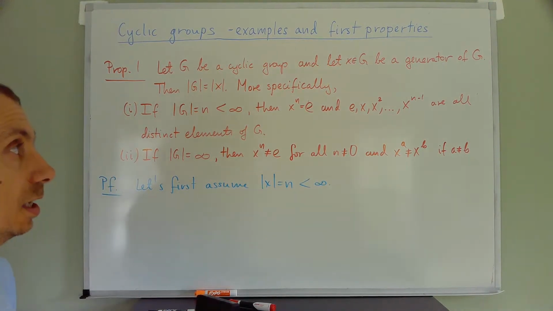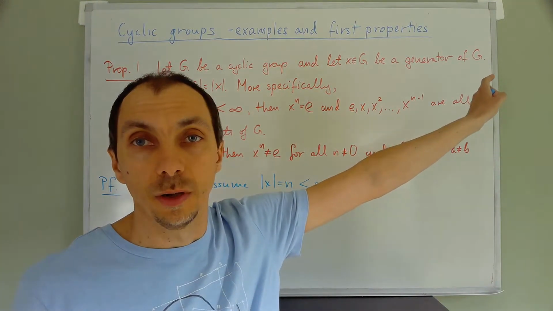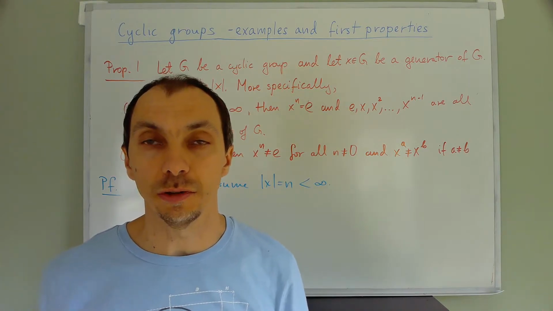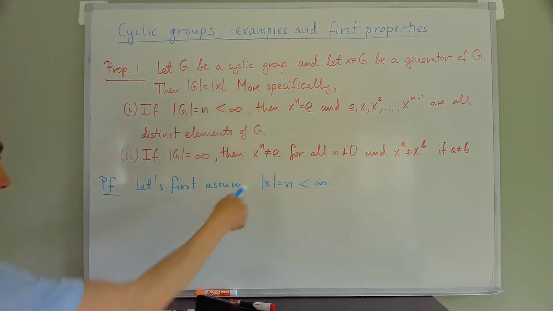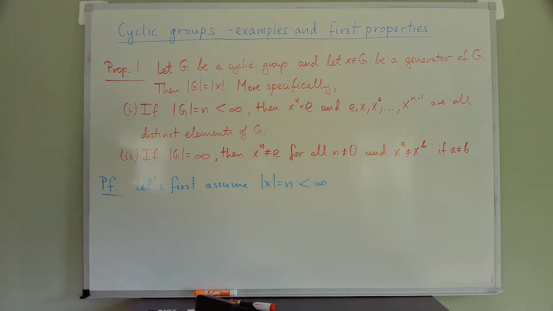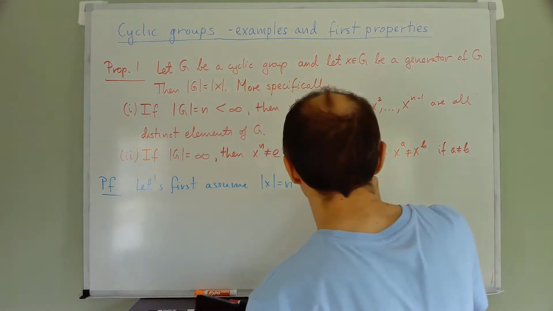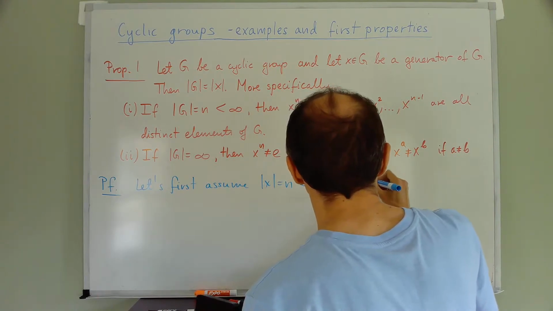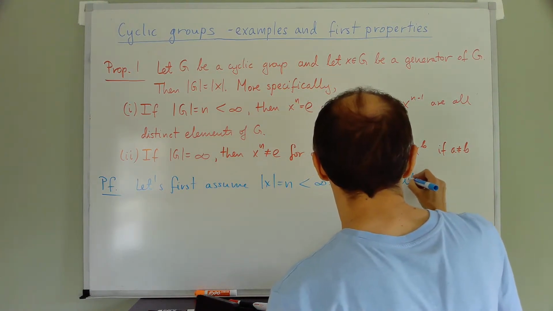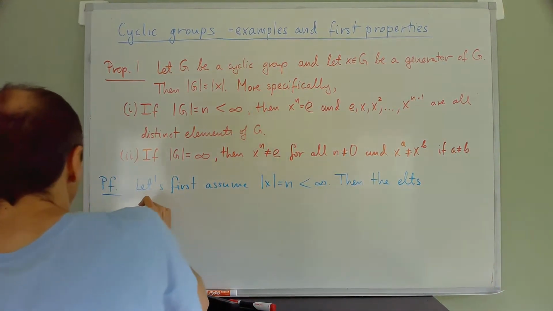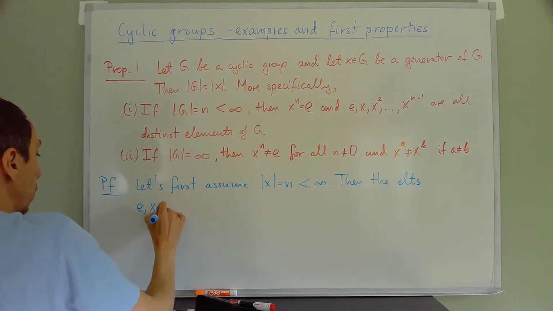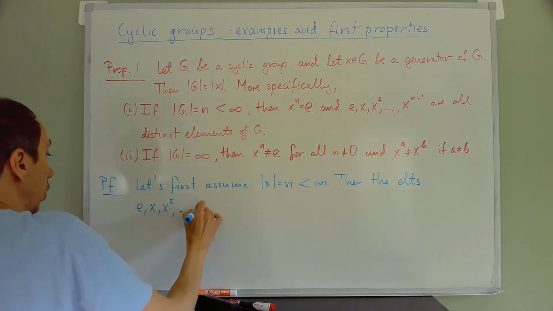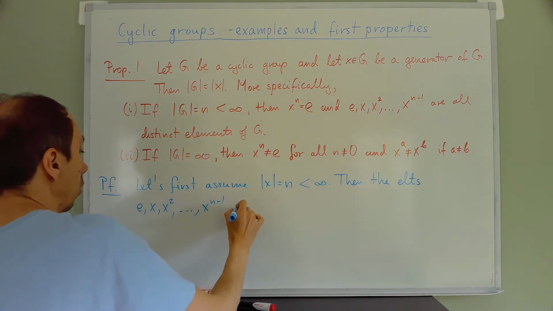So G is a cyclic group which has a generator whose order is finite, and suppose the order is equal to n. Then the elements e, x, x squared, all the way to x to the n minus 1 are all distinct.